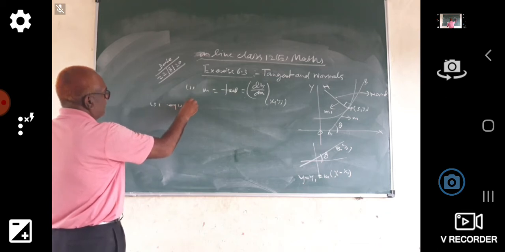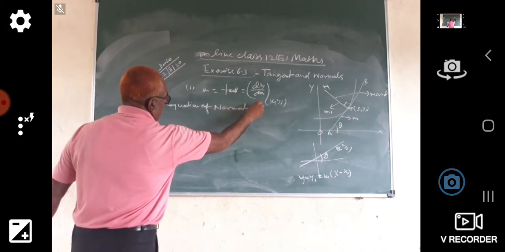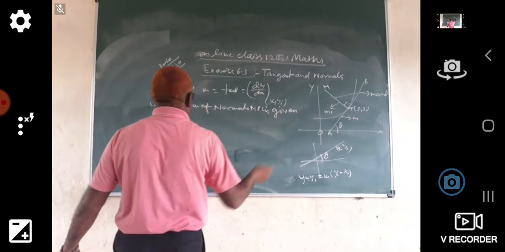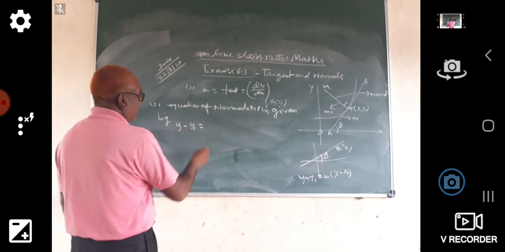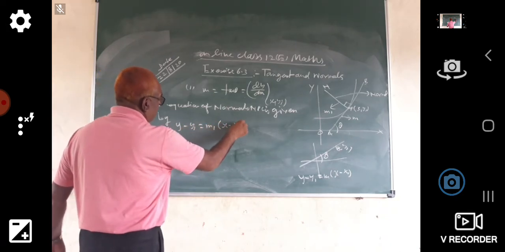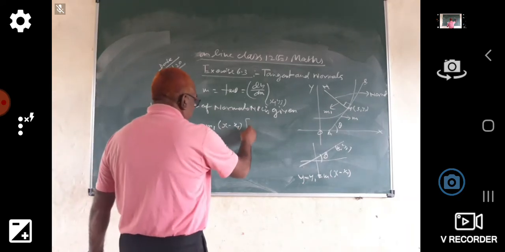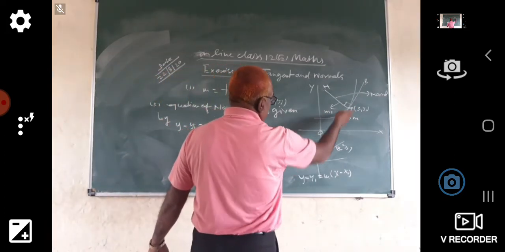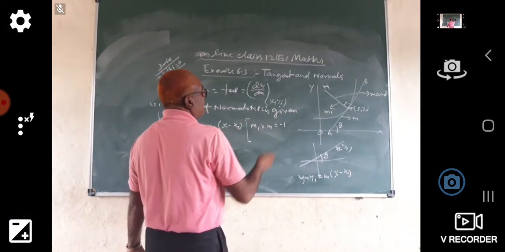The equation of the normal is given by y minus y1 is equal to m1 into x minus x1, because the slope of the normal is m1. But we know that if two lines are perpendicular, here NP and AP are perpendicular, the product of their gradients will be minus 1.